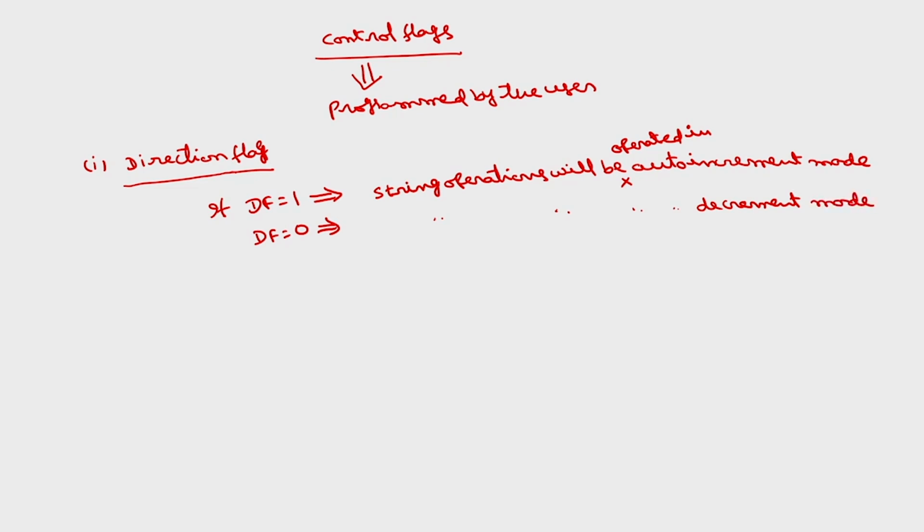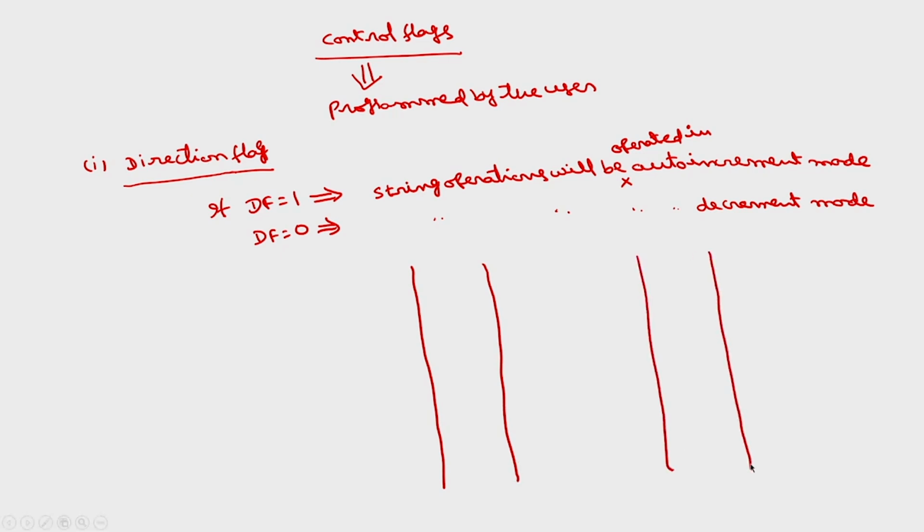String operations are basically used if you want to transfer a string of data from one set of locations to another set of locations. This is the source and this is the destination.